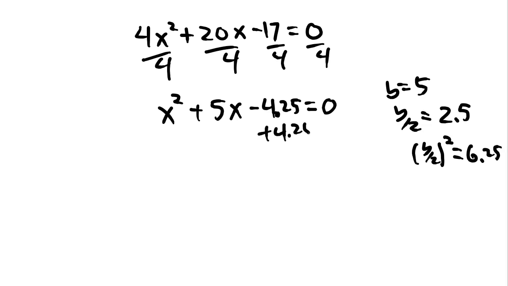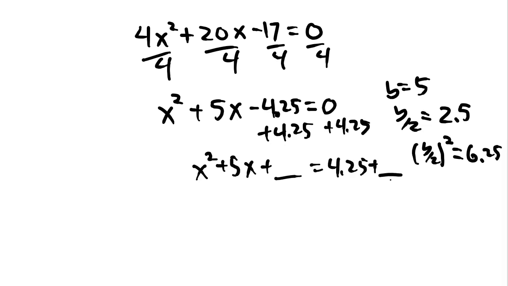Again, first I'm going to rearrange this. Plus 4.25. So I've got x squared plus 5x, imagine plus blank, equals 4.25 plus blank. What do I want to add on both sides? The 6.25, right? Because now this is a perfect square, which is nice. Because of my formula, this turns into x plus my b over 2 value.